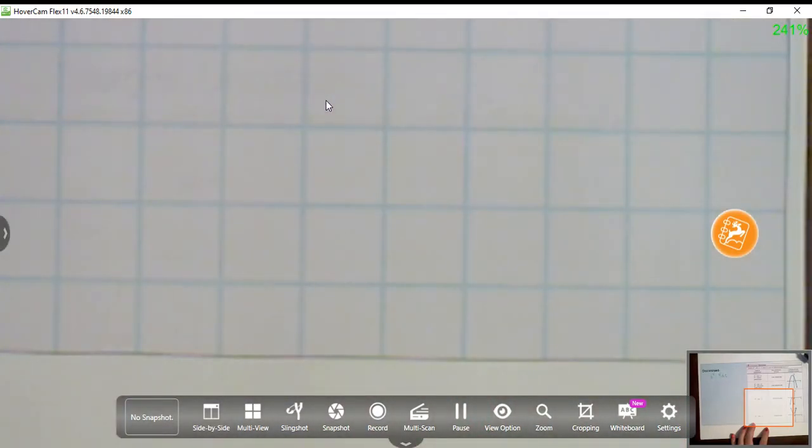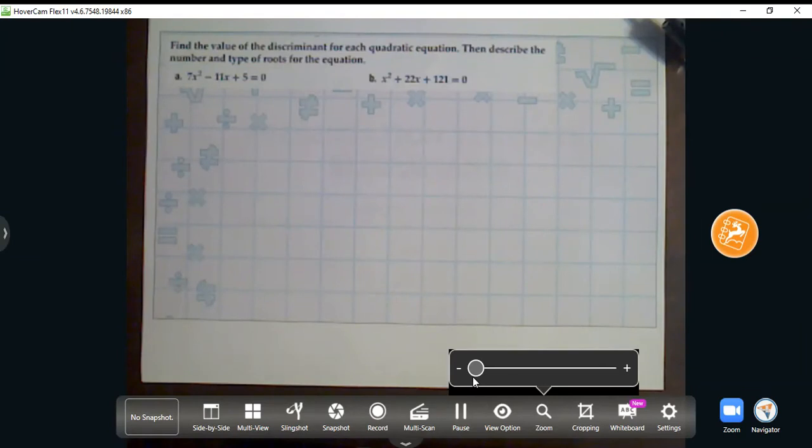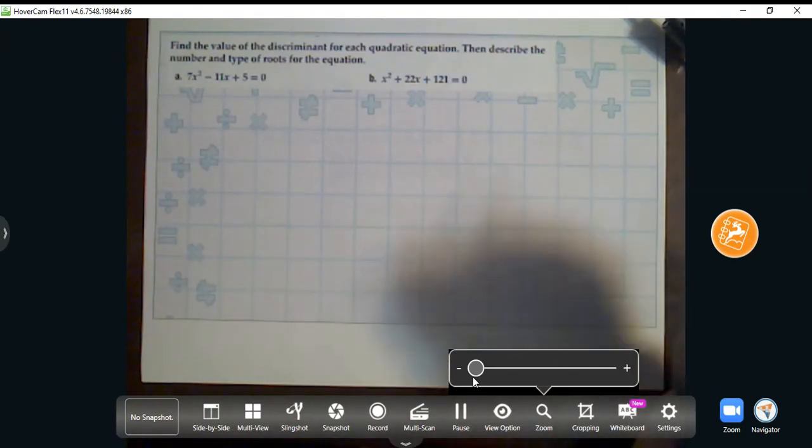So many times we want to try and use that discriminant to help us decide what types of answers we're going to have. Even before we start solving, sometimes we want to know the type of answers that we're going to get. So this says find the value of the discriminant for each quadratic equation, then describe the number and type of roots for the equation.